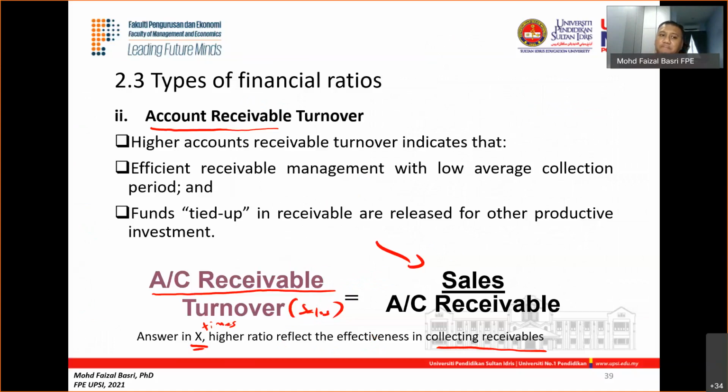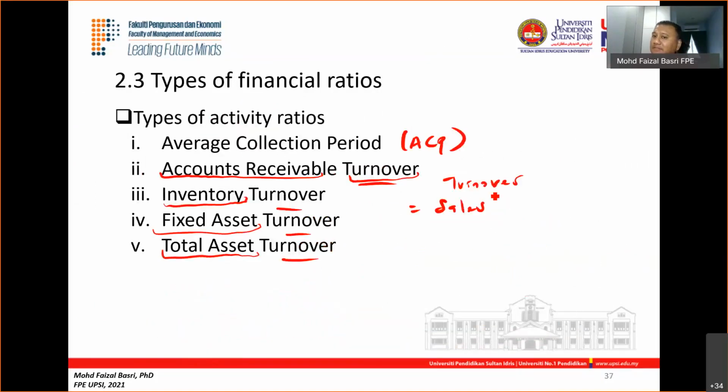The third one. This is the only ratio under turnover that we don't use sales. I said earlier, when we talk about turnover, we can associate with sales. But for this alone, under inventory, this is the only ratio that we don't use sales. The rest afterwards, number 4 and number 5, we will use the same thing, the sales again. But for inventory, slightly different, slightly special.